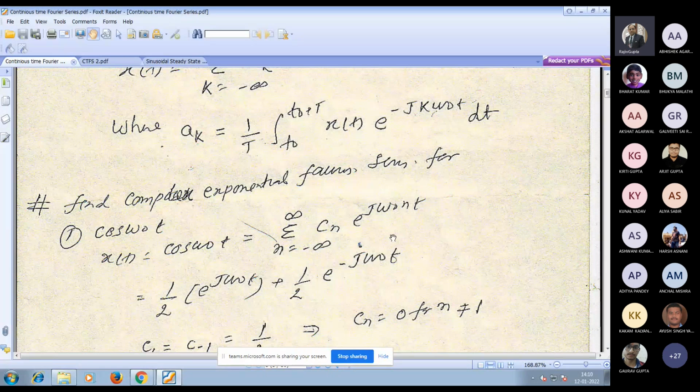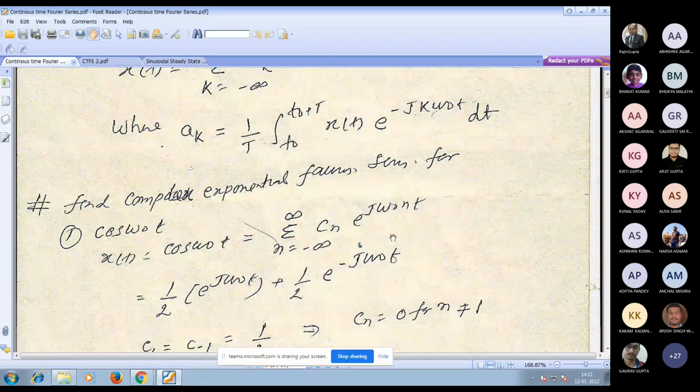Now let's begin with a few numericals to understand the real concept of the Fourier series. We have a signal, let's say x(t) equals cos(omega naught t). Since this is a periodic signal, of course it can be represented in terms of Fourier series.